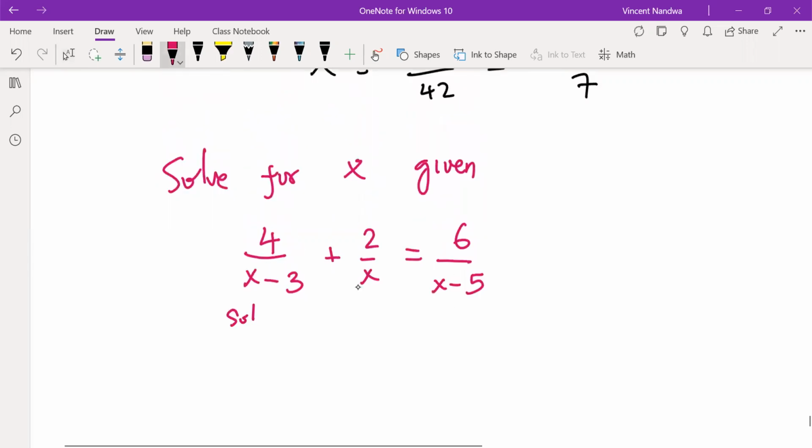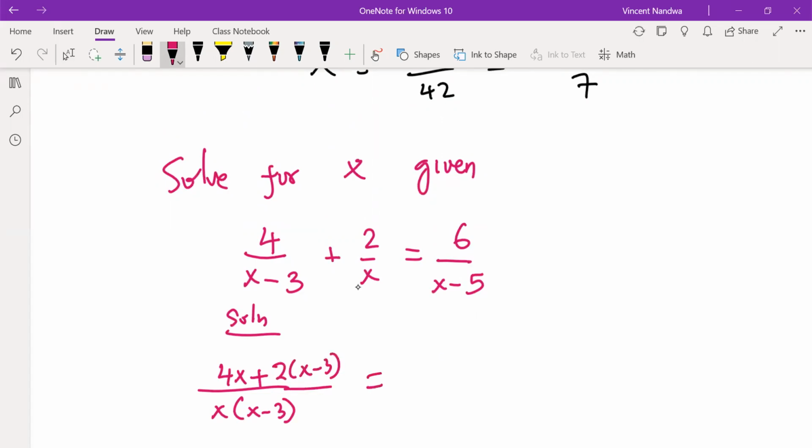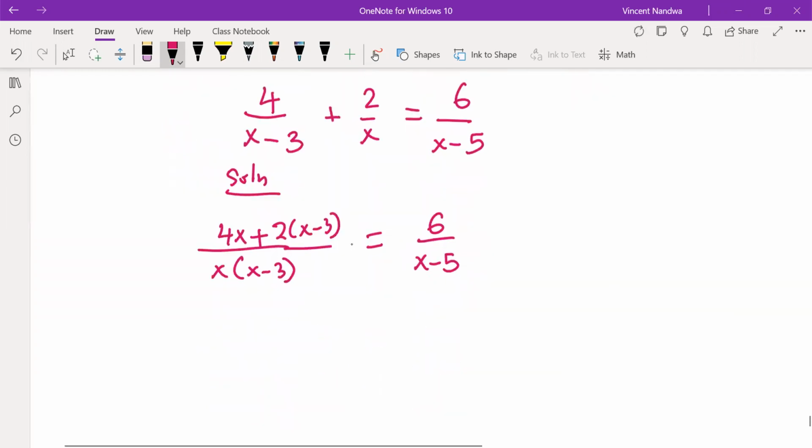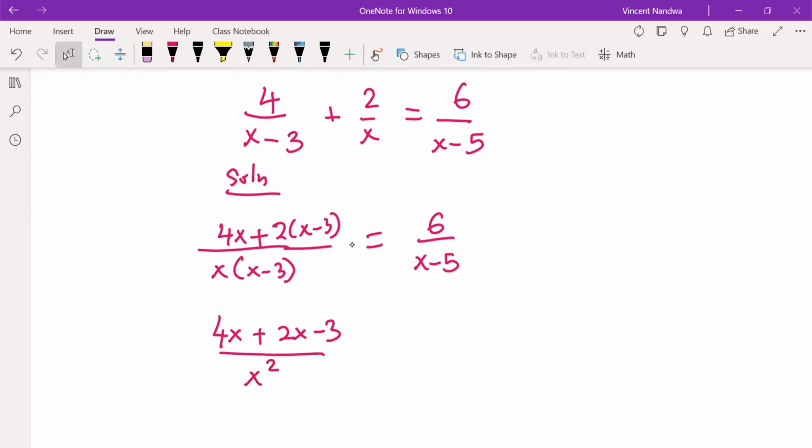So our left-hand side will be x into x minus 3. So x minus 3 into this value will be x, so I'll have 4x plus x into this value, which is x minus 3, so 2 into x minus 3. This would give us 6 over x minus 5. So this will be (4x plus 2(x minus 3)) over x squared minus 3x equals 6 over x minus 5.